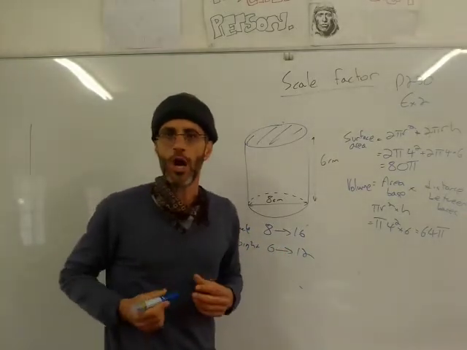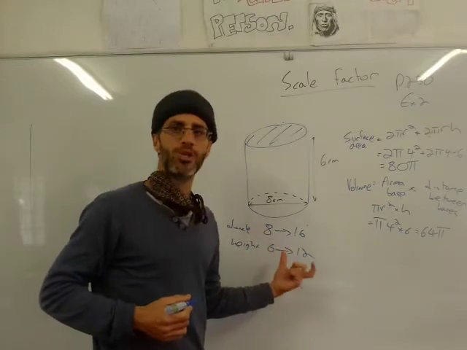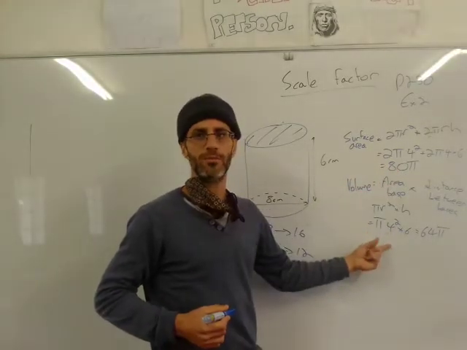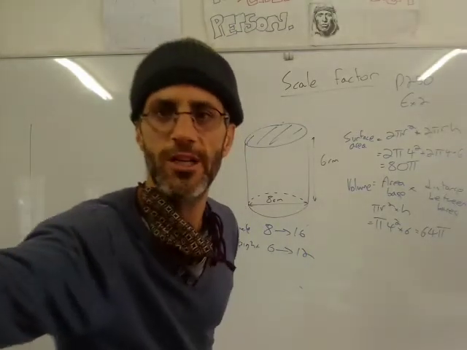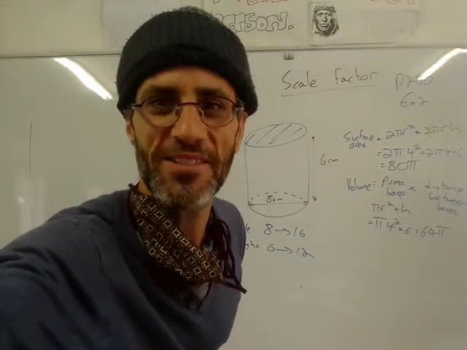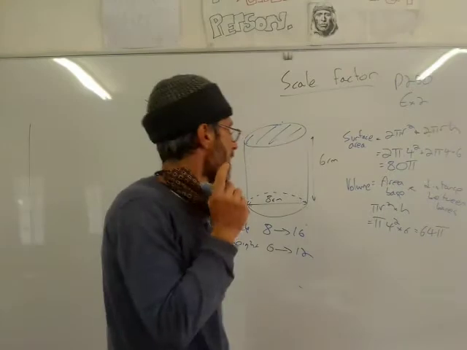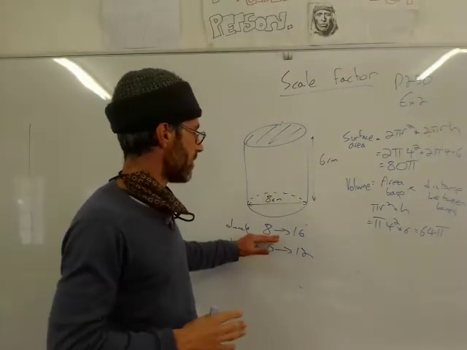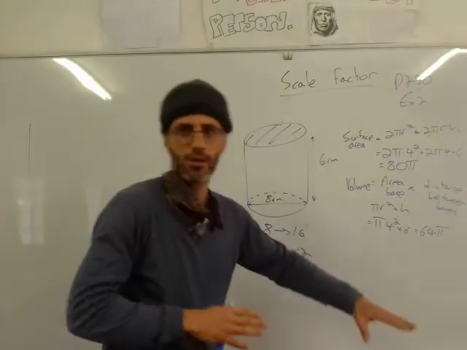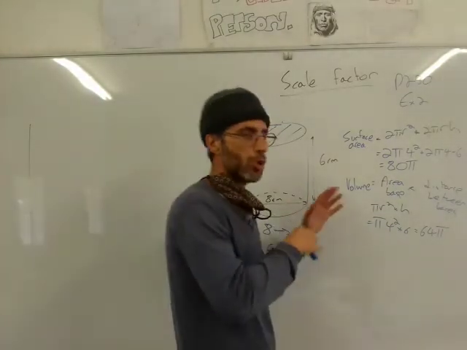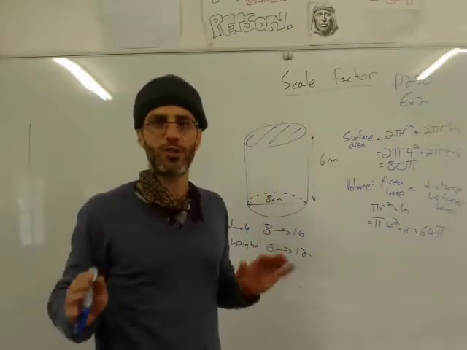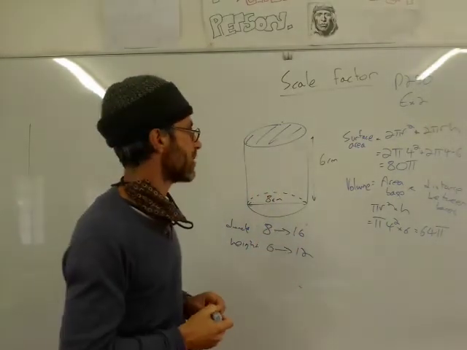The question I'm asking is, if I double the measurements, what will happen to the surface area and the volume? I'll pause here, and I want to see what you guys think. I've heard different thoughts. Some people think we doubled the lengths, so everything will double. And Ollie thinks maybe quadruple, times 4, but I'm not sure which one. So let's first try and do it, and then we'll try and explain.